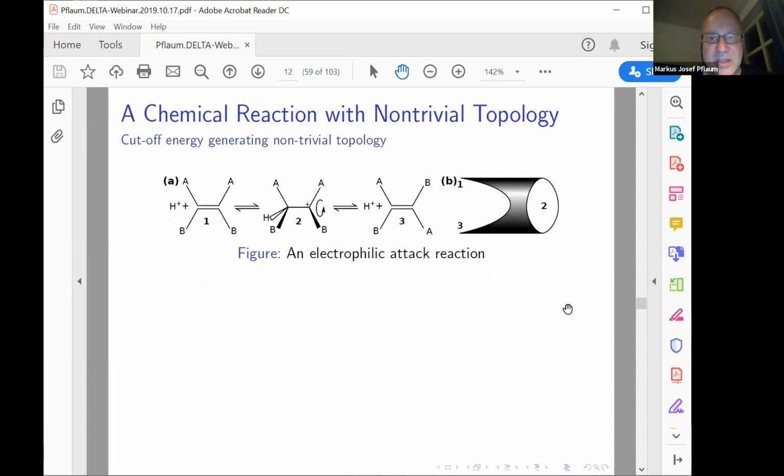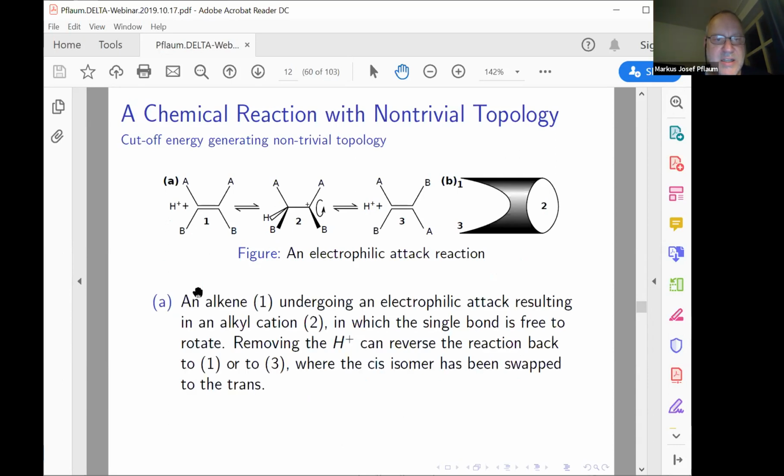Why I mention this is because here you see the effect of the energy cutoff. Let's first look at part A. In an alkene, it undergoes an electrophilic attack by a hydrogen ion, and then it goes into state 2, and now the single bond here is free to rotate.